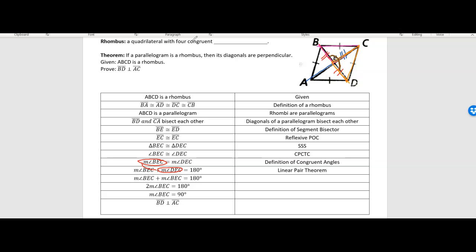So they made a substitution here, substitution property of equality, or POE. And then they simplified. And then they divided both sides of that equation by 2. Well, if I know that the measurement of an angle is equal to 90 degrees, I know that the two segments or sides or lines that form that angle have to be perpendicular by the definition of perpendicular.